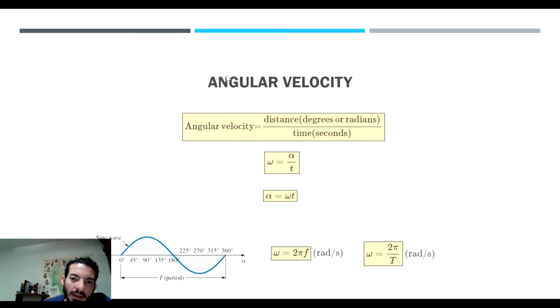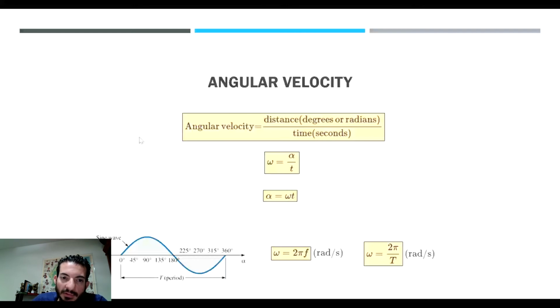The units are, as I said, degrees per second or radians per second or revolutions. A revolution is a whole cycle, revolutions per minute, etc. And of course you can have a quarter of a revolution, a quarter of degree, etc.